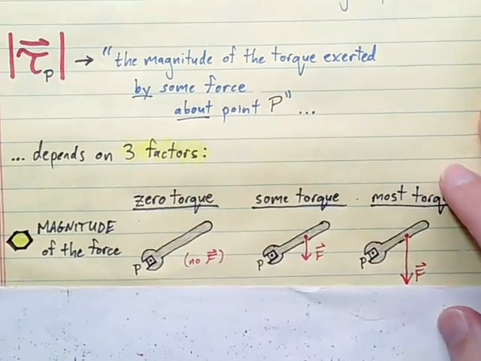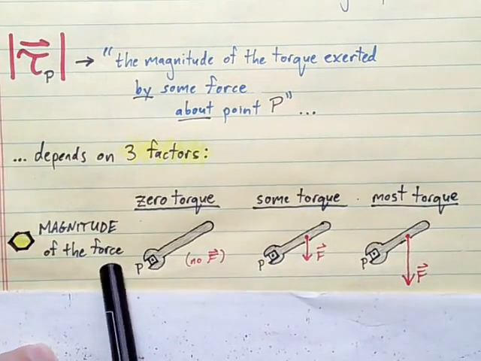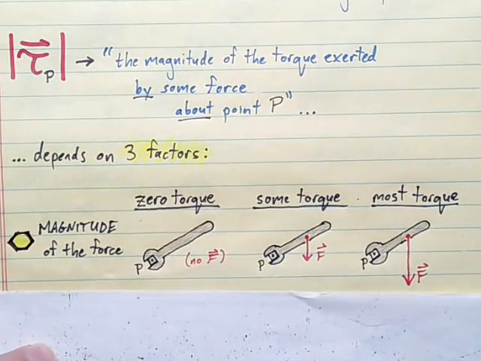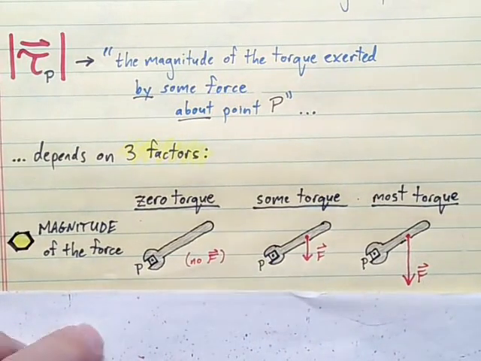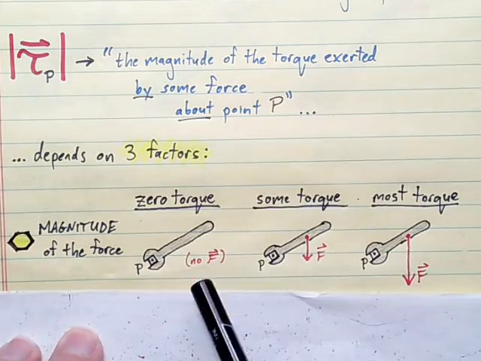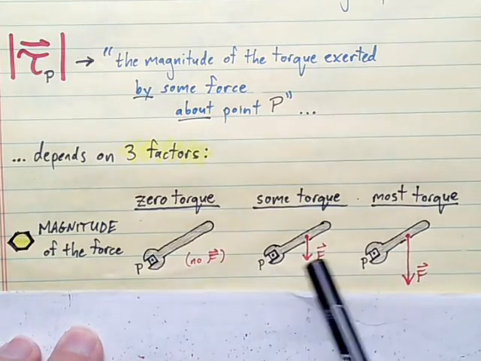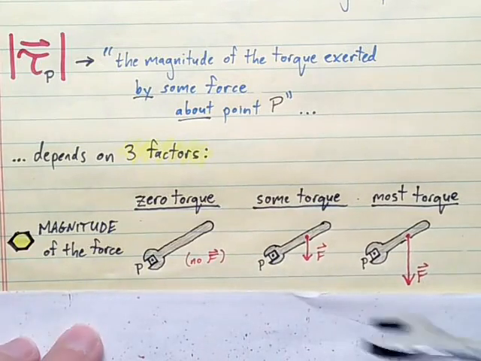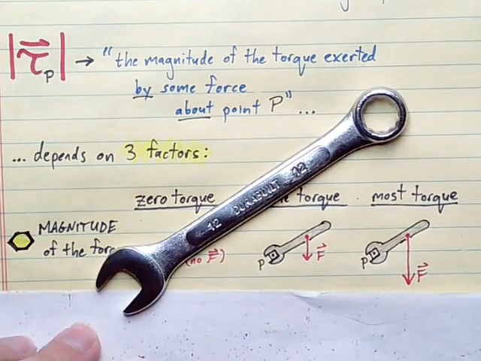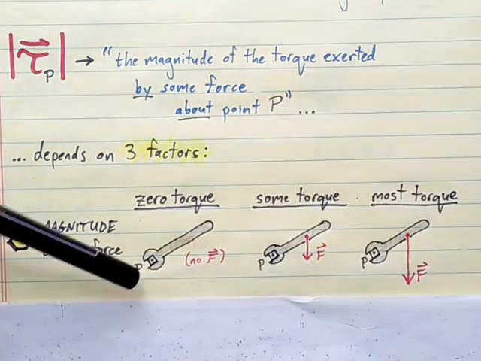Factor one, the magnitude of the force that's causing the torque. So this one's obvious. The stronger the force, the greater the magnitude of the force, the more torque it will exert. So I've got three scenarios here, one in which zero torque is being exerted, then some torque, then more torque than before. In all cases, my object is this rigid body, this wrench here, the point of rotation, P, down here at this end.